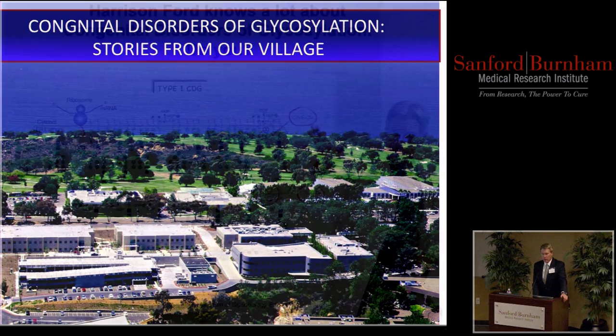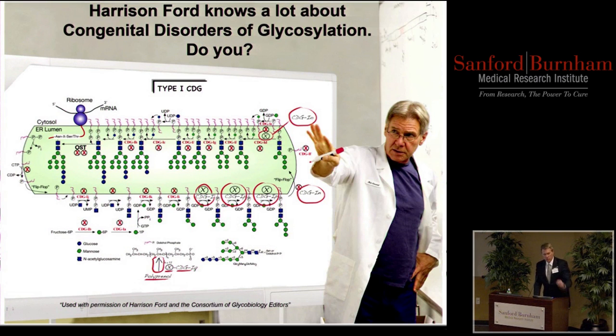We managed to get this new postdoc in the lab to come in and point out the new disorders. This is a perspective of glycosylation that occurs in the endoplasmic reticulum. Every place you see a red X there is a location where a mutation in the N-glycosylation pathway has been found.